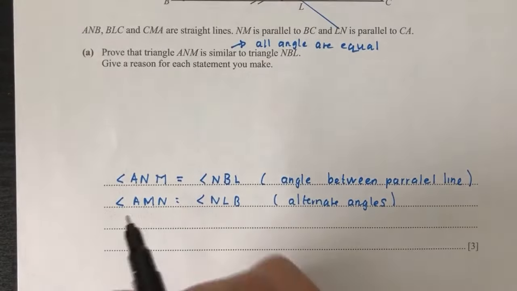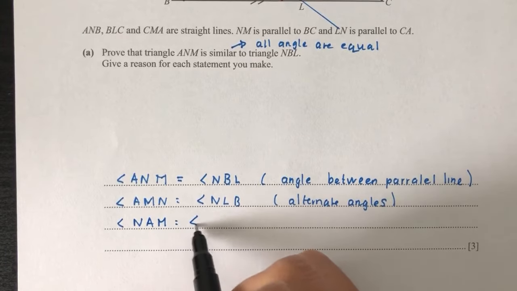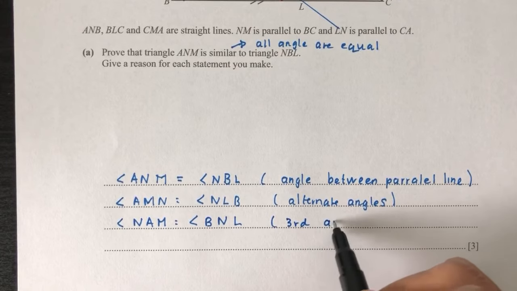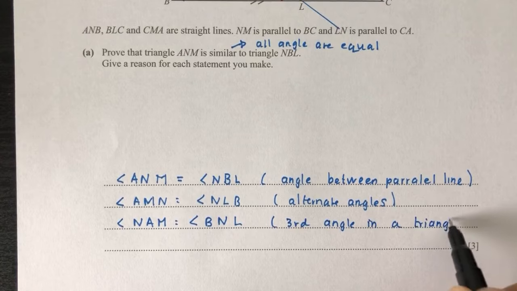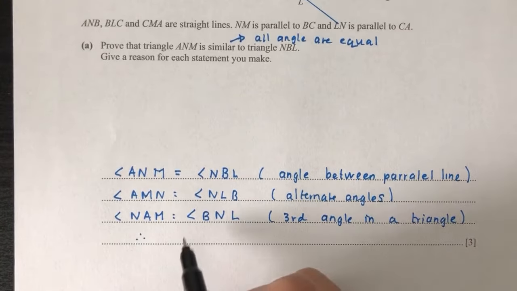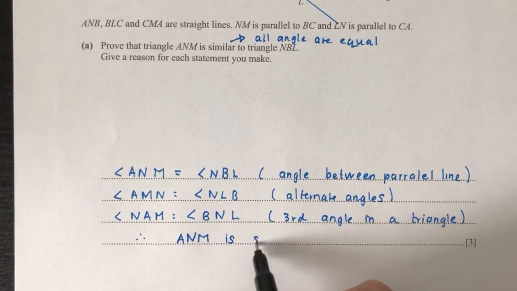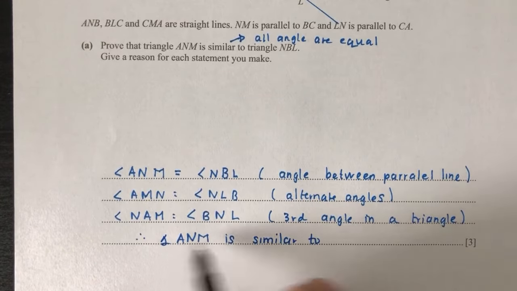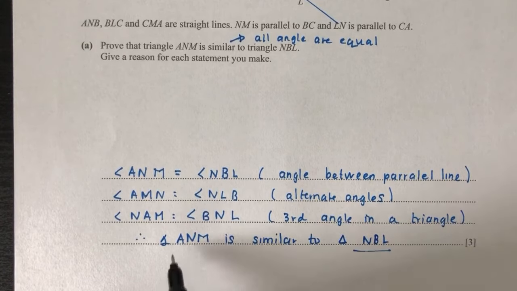So the last one will be angle NAM equal to angle BNL, the third angle in a triangle. So by proving that, you prove that triangle AMN is similar to triangle NBL. So you prove this too.